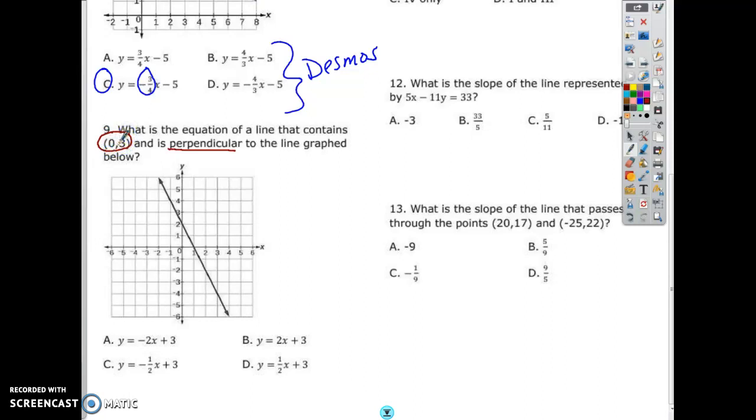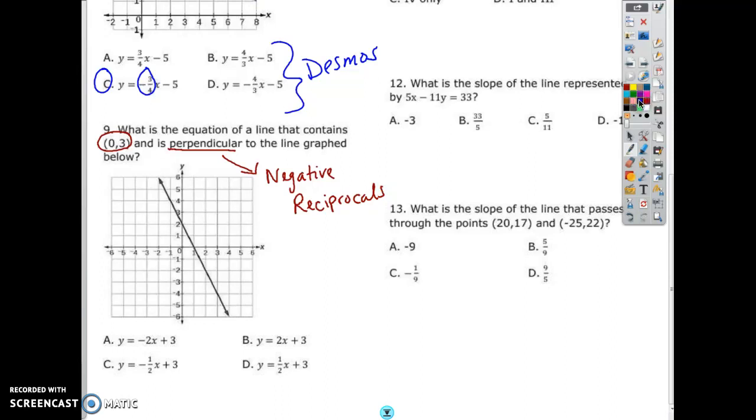Well, I know that this point is my y-intercept. And if you don't know that, that's fine. But what I do know is that perpendicular lines have negative reciprocals. That means we're going to flip the slope and we are going to change the sign.